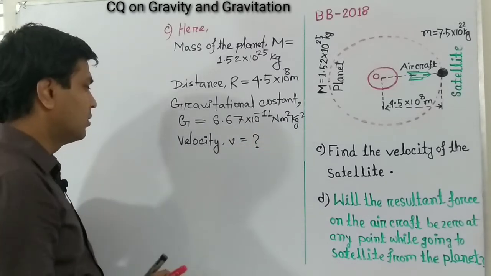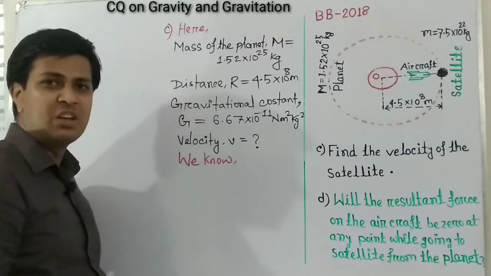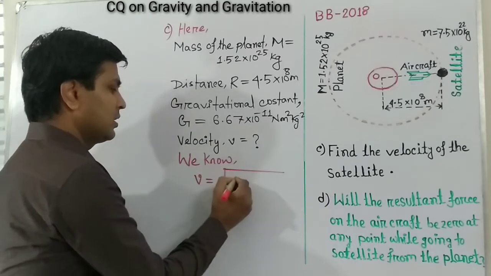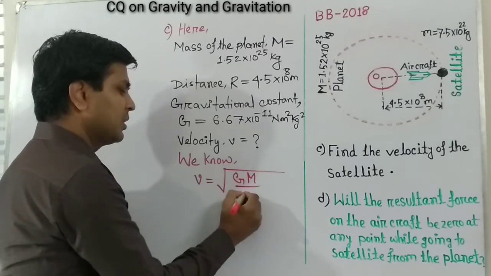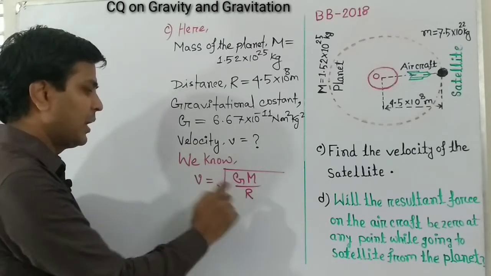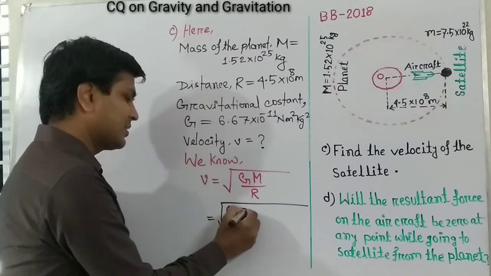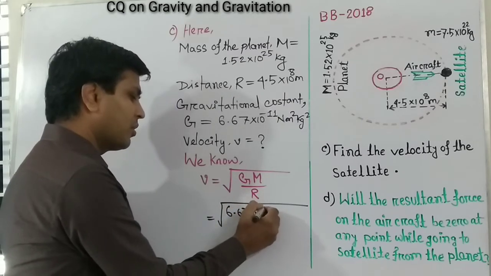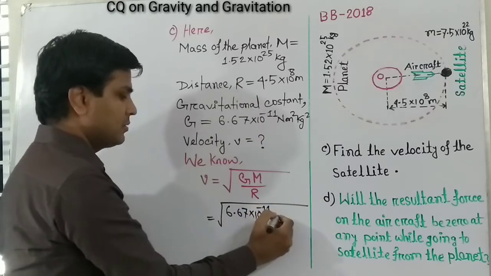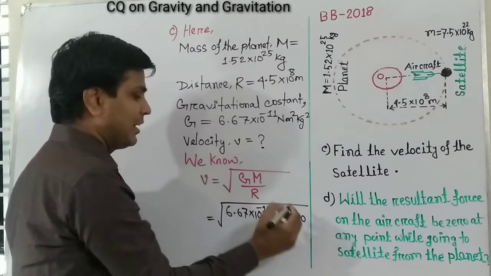Now we know the formula to calculate the velocity of the satellite is V equals to root over capital G capital M divided by R. If we put the value of G, M and R, then we can write 6.67 into 10 to the power minus 11 into the value of M is given here, mass of the planet, which is 1.52 into 10 to the power 25.